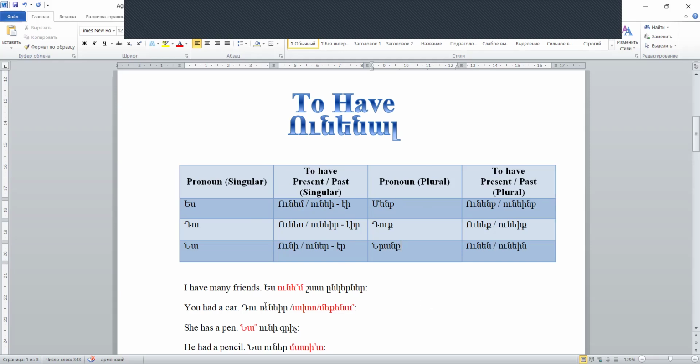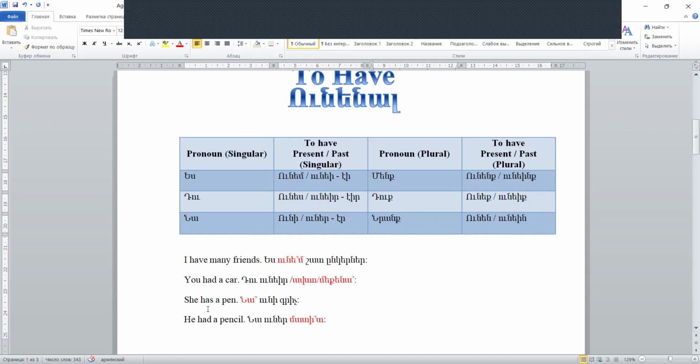Thank you, my dear. So here we have some sentences translated from English to Armenian. Like, I have many friends. I will be yes. Have will be unem and many friends shat ynkerner. Please read the second sentence. You had a car.